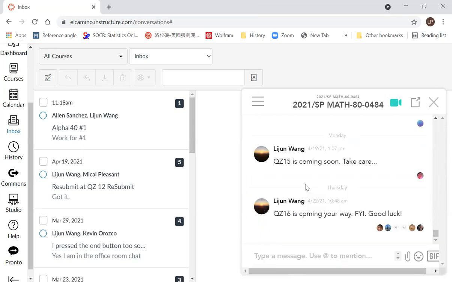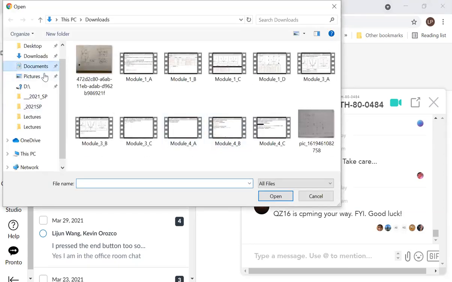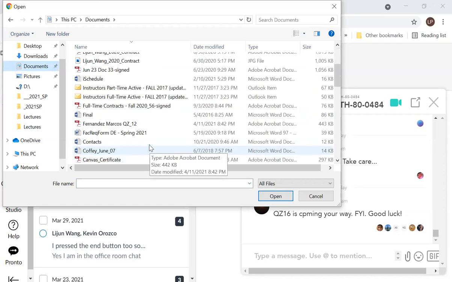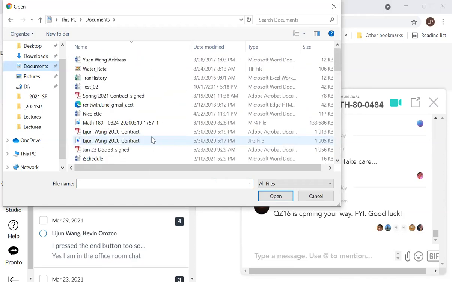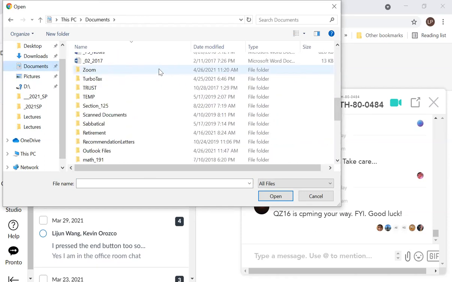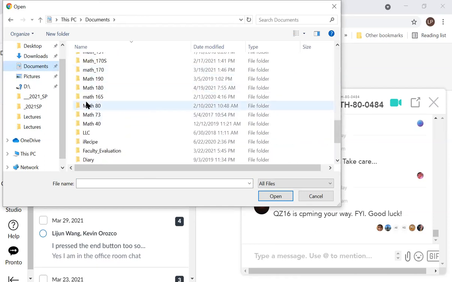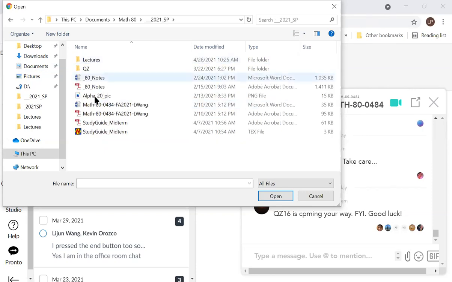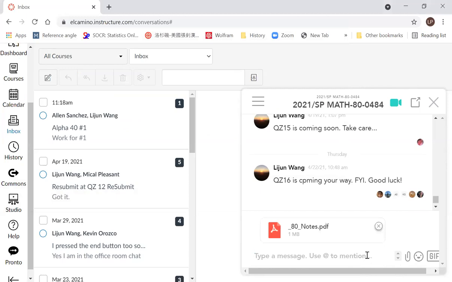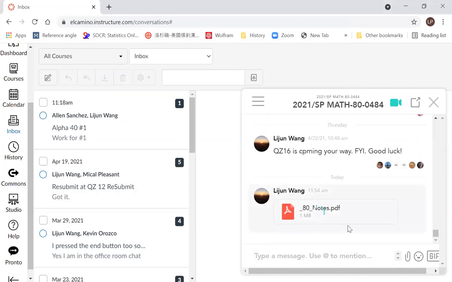This is interesting. Documents, Math 80, Spring notes. Sent. Right? You guys see the notes?